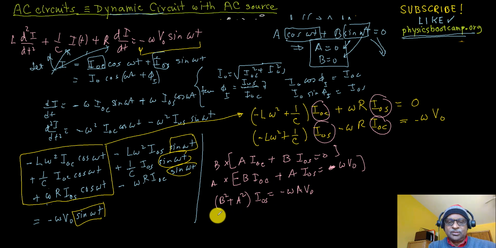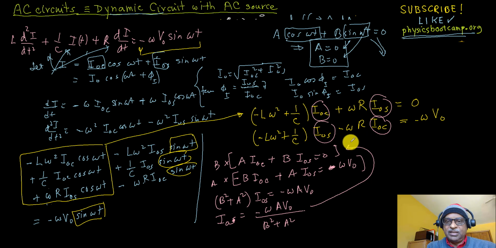So I0s is just minus omega A v0 over B squared plus A squared. And of course, putting it in here gives me I0c equals minus B over A times this stuff, minus omega A v0 over B squared plus A squared.